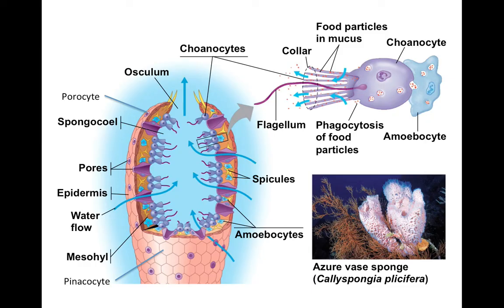And these layers between the epidermis and the lining of the spongiocele, that's called the mesohyl. That's what this arrow is pointing to here. This is where you find the amoebocytes and the spicules, and before you get into this chamber here, that is the mesohyl, which is kind of like a matrix for the amoebocytes to move around and the spicules to be formed.